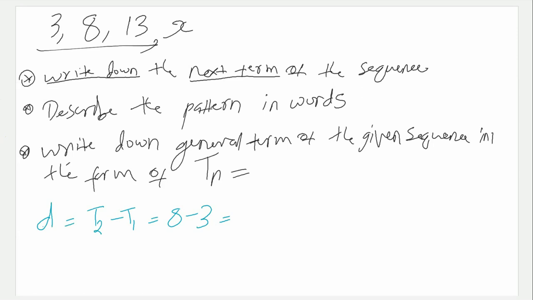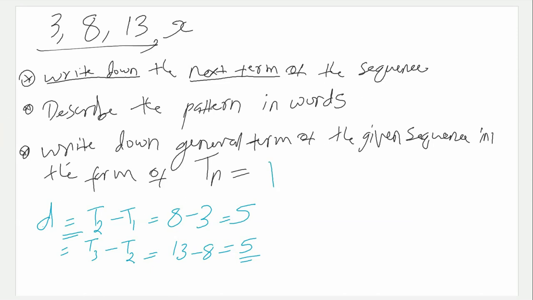8 minus 3 is equal to 5, and then t3 minus t2 is equal to 13 minus 8, which also gives me 5. So always do this for the sequences that you're given, because if you only do this once, you won't be sure whether this is a linear sequence or not.